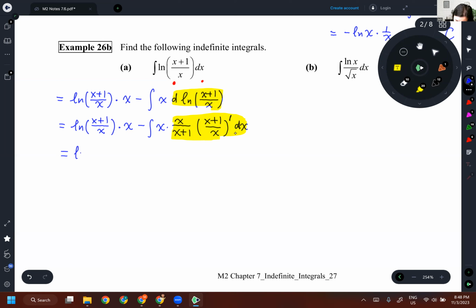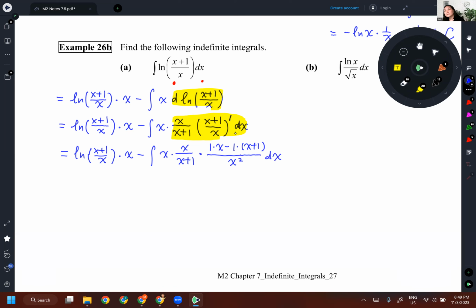And then for this differentiation, that is d high low minus d low high divided by low square. I have no easier way. I'm sorry.